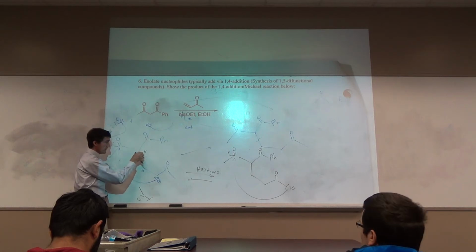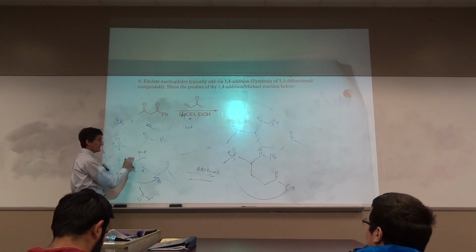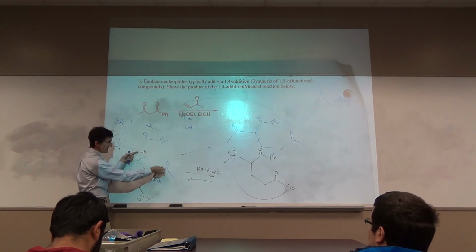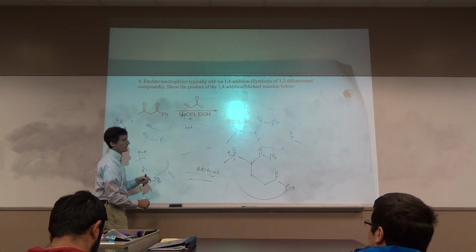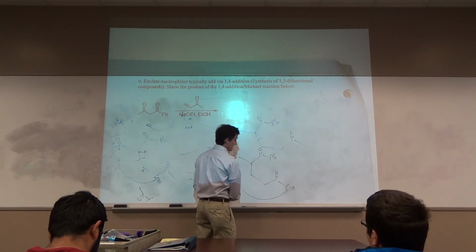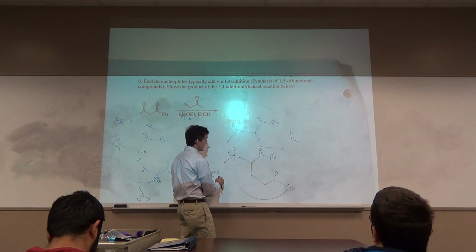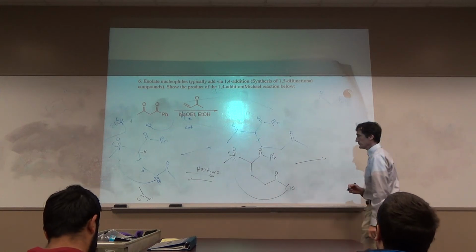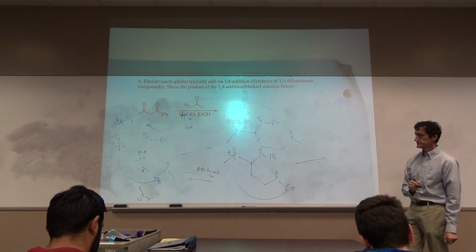Right there is the most acidic proton. That anion is probably most likely. But this anion could only attack here and make a 4-membered ring. We can get a 6 here. Less likely anion, but that's okay. It's all in equilibrium. What does this give? Somebody have the ring that's formed with this.